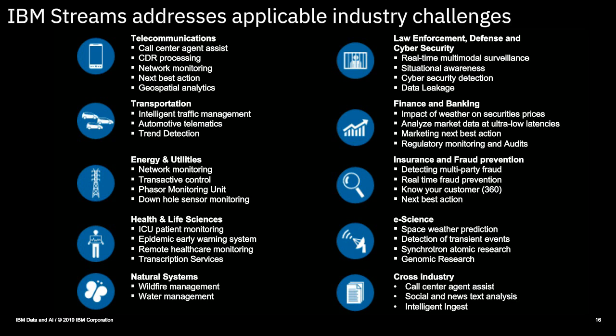And then cross-industry kinds of applications, very popular call center agent assist capabilities, intelligent ingest to be able to easily collect information, do some filtering, aggregation before you land that data. In fact, that's in use by the IBM Weather Company, which uses IBM Streams to collect data from over 250,000 personal weather stations.